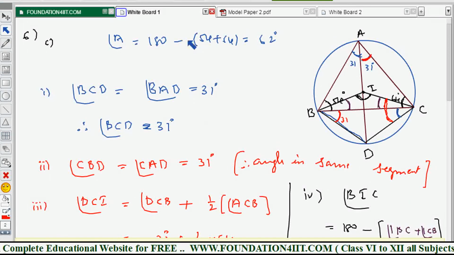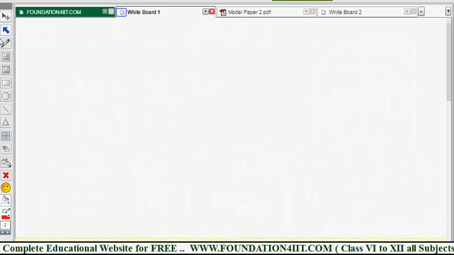So let A be the cloud and A dash be the reflection. Then we can draw a diagram like this. Let me show the diagram here.